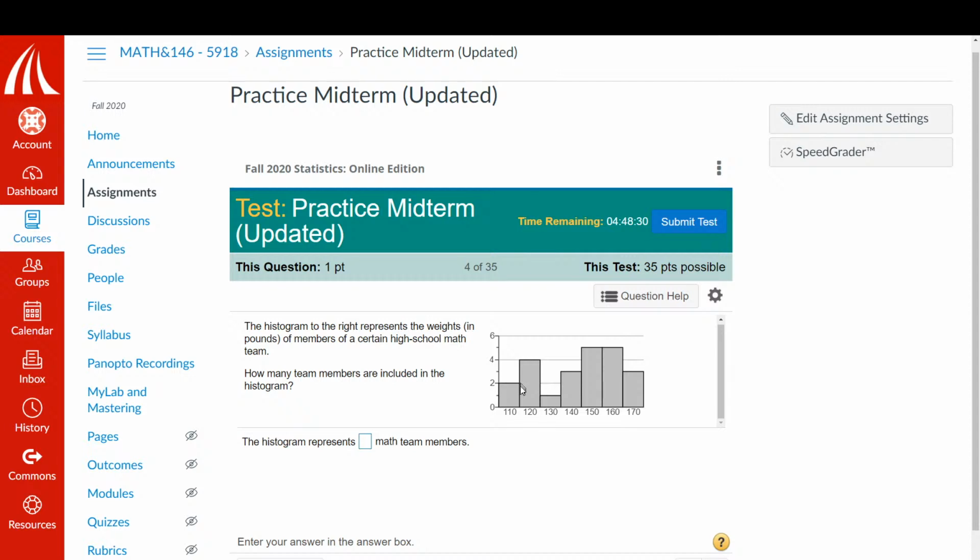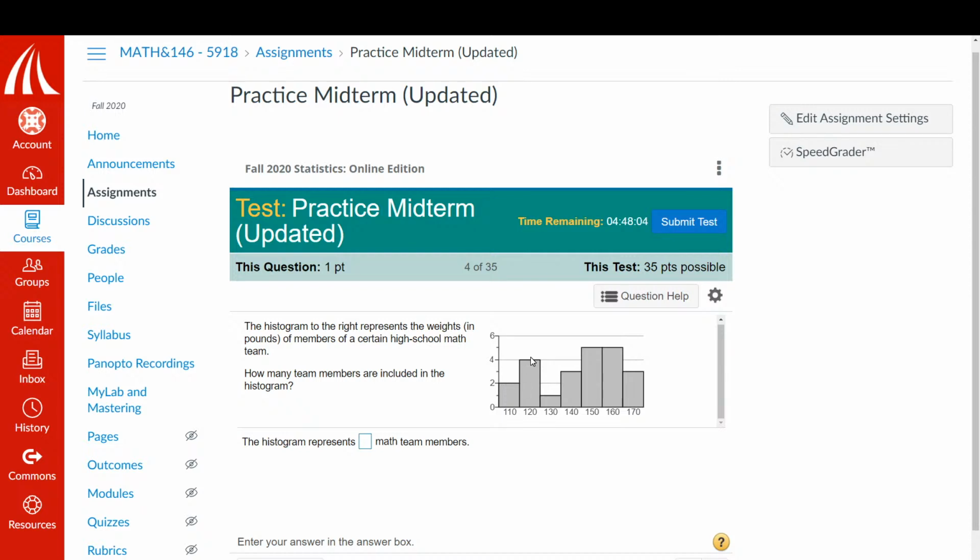So in other words, you'd have to think about the sum of all the frequencies. And all the bars match up to a certain frequency. If we can add up all those frequencies, we'll know the population of that team, the number of people in that team. So it's just a matter of adding them all up.